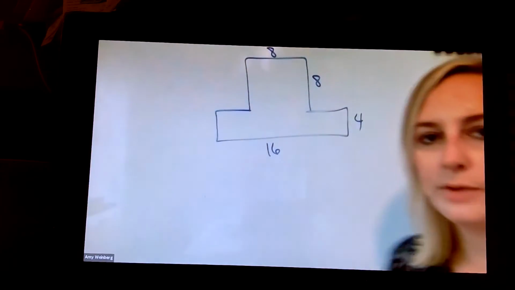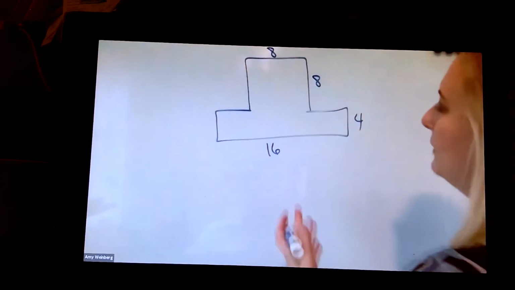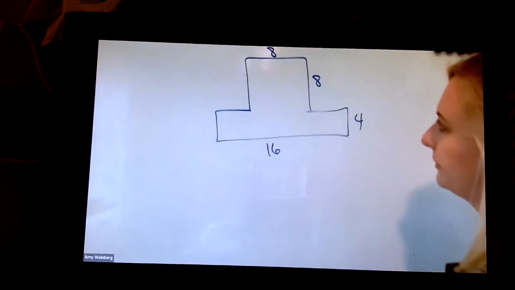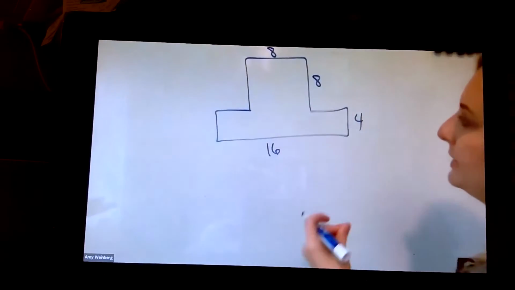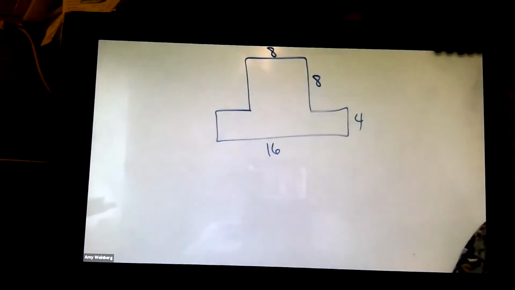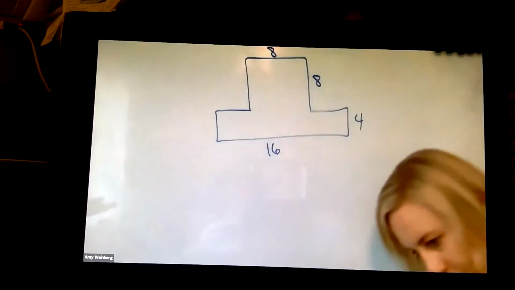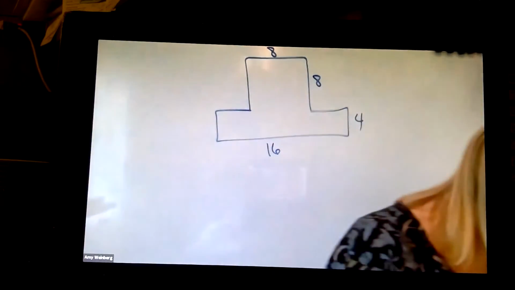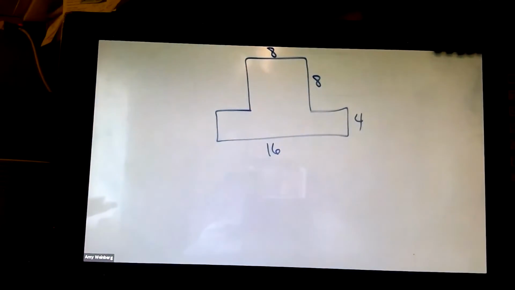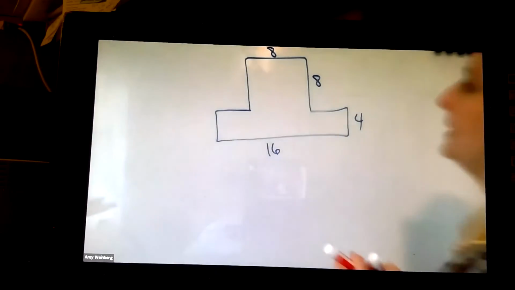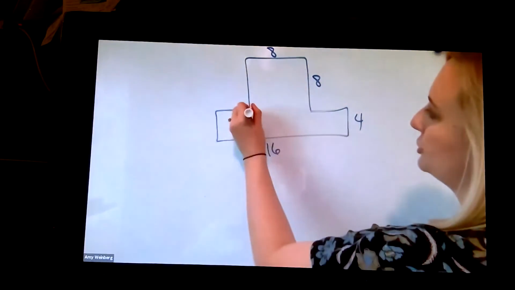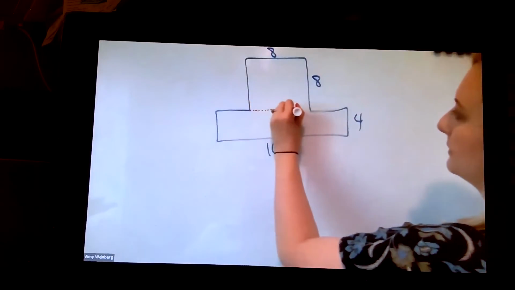So let's go through how to find, well, if we want to find the perimeter, okay, well, I'm going to break this up into 2 different shapes that make it easier.